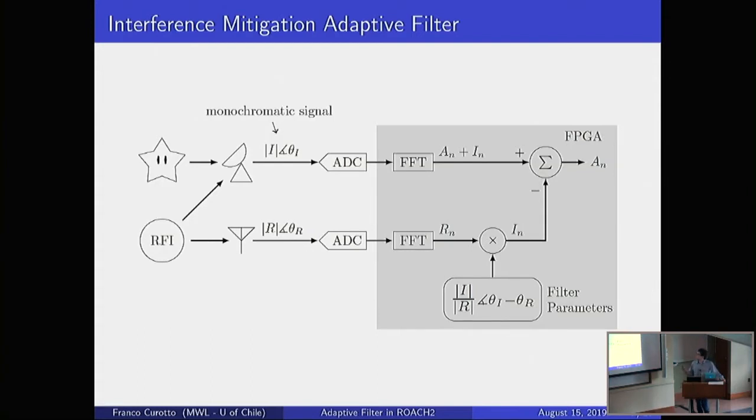Then you can go to a typical system: digitalization, then go to the frequency domain through a fast Fourier transform, and then you have your reference signal, and you want to transform it into your interference signal in the telescope in order to make this perfect cancellation. In this simple case, you can very easily see that the way to do that is to multiply your reference signal with a parameter that I call the filter parameter, which is represented by a ratio of the magnitude and a phase difference.